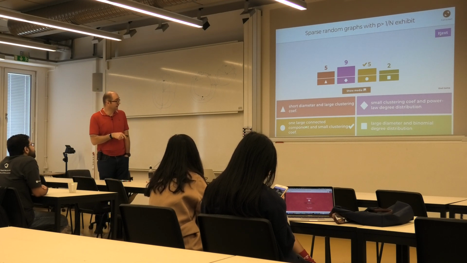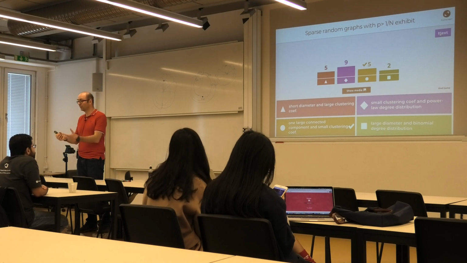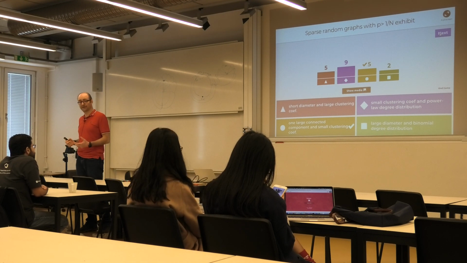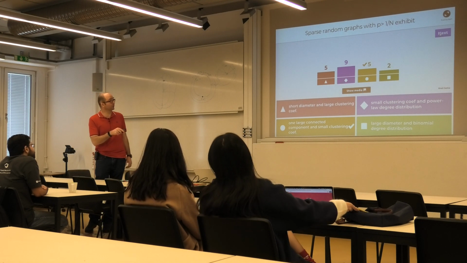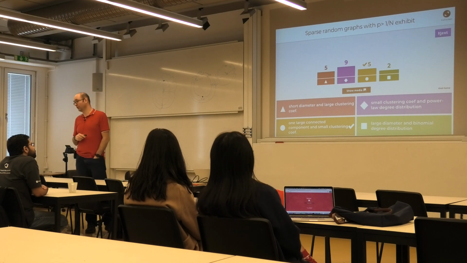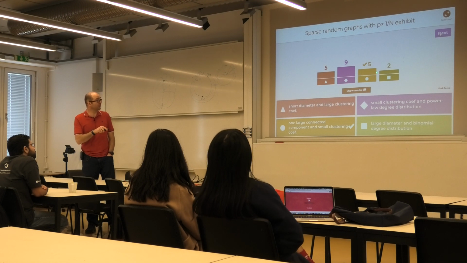And then the remaining one is the correct one: large connected component. Remember, we discussed that the connected component appears very fast with a very small number of links, and that's what happens when p is more than 1/n. And small clustering coefficient. Of course, you have a small clustering in random graphs. So we have only 5 here.